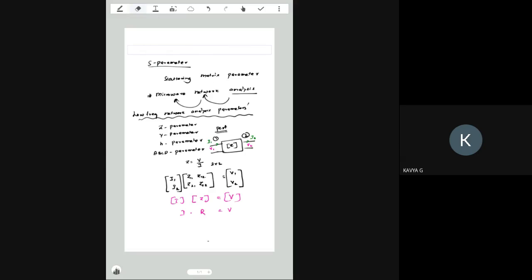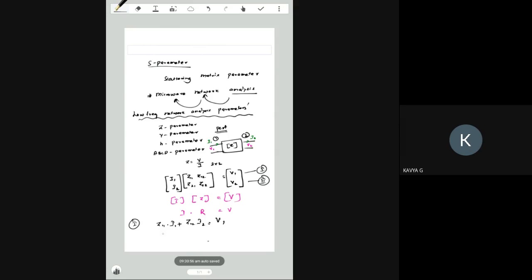How can I write the equations? I can write two algebraic equations, Roman numeral 1 and Roman numeral 2. From the first, I can write Z11 into I1 plus Z12 into I2 equals V1.